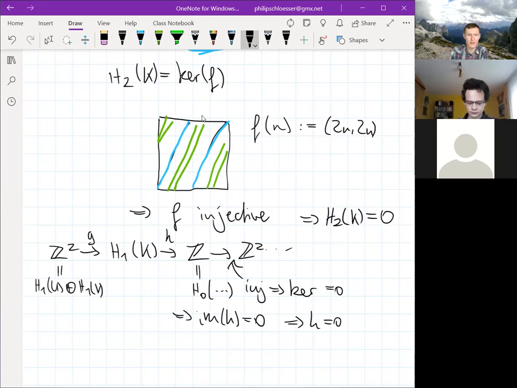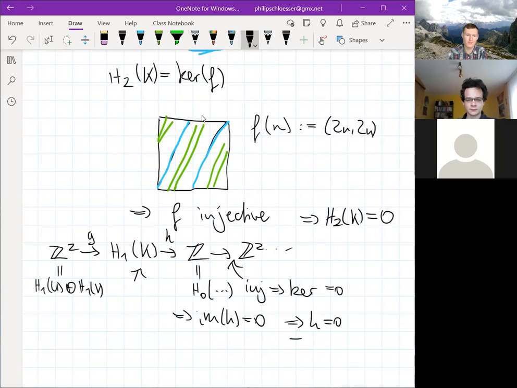But now because we are exact at this thing here, this shows that H1K is the co-kernel, I believe. Is that correct?